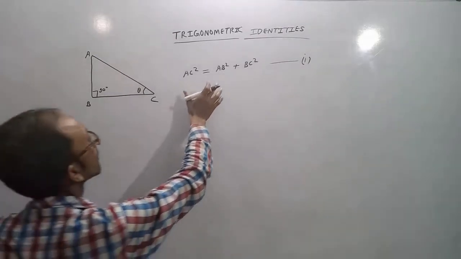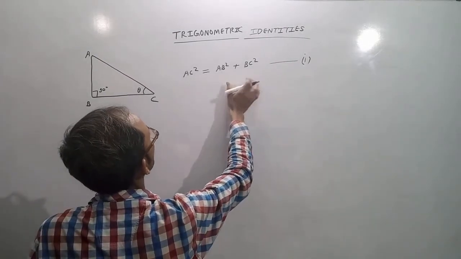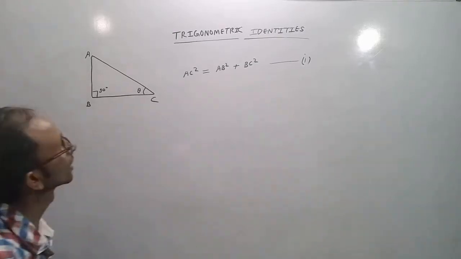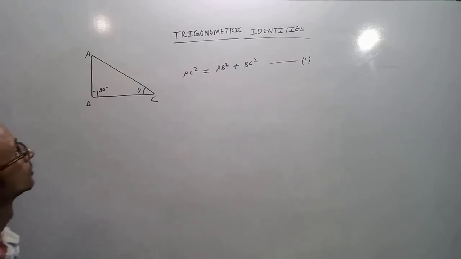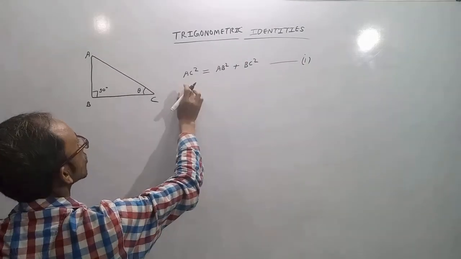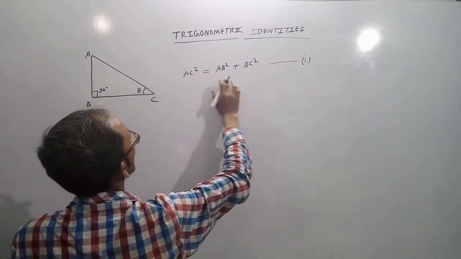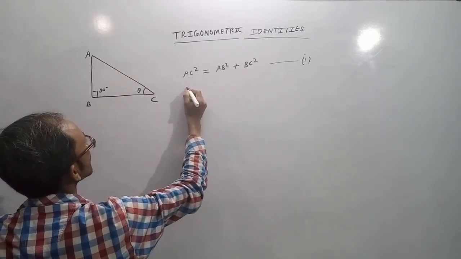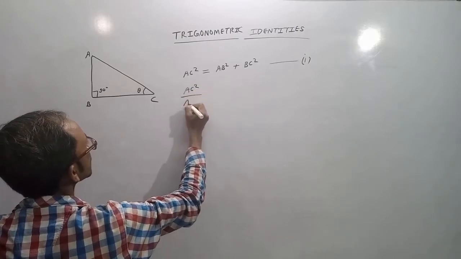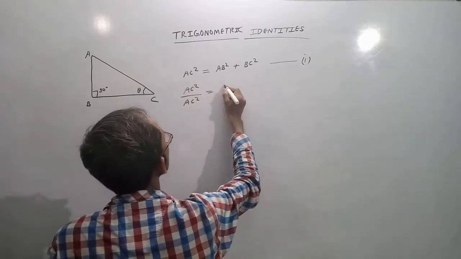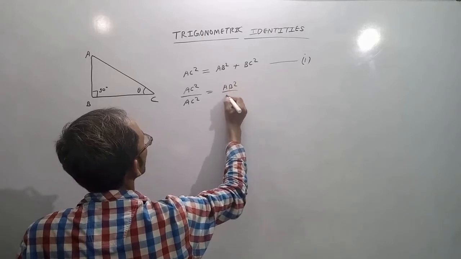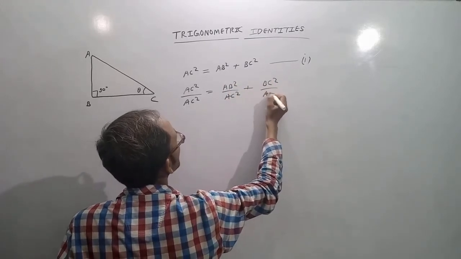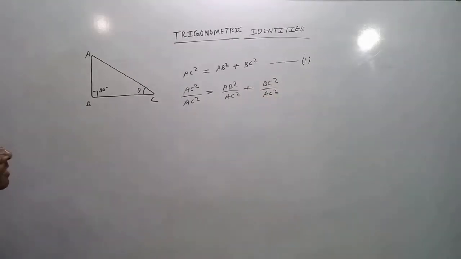Now, if we divide both sides by any constant number, there will be no change in the whole equation. So, if we divide the whole equation by AC square, then equation first would be AC square upon AC square is equal to AB square upon AC square plus BC square upon AC square, right?